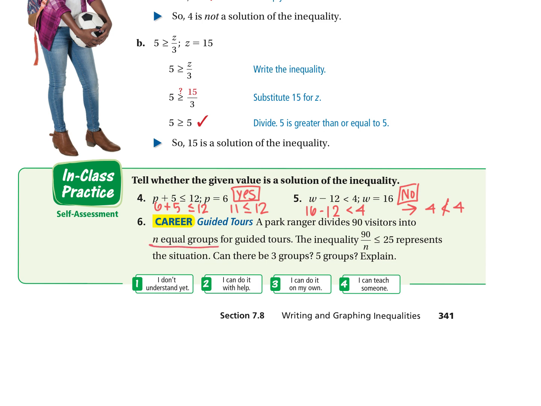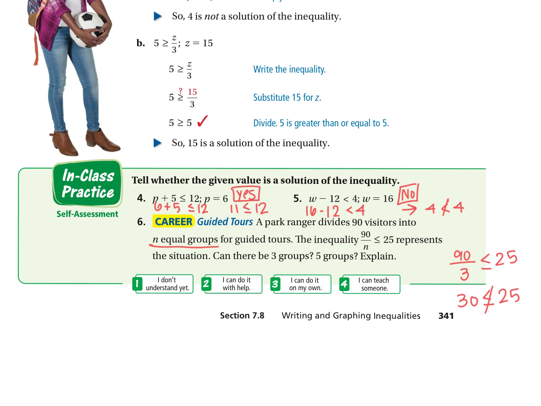Right here it tells me equal groups. So I'm going to work this off over here on the side. I have 90 divided by 3 less than or equal to 25. So 90 divided by 3 is going to be 30, which is not less than or equal to 25. So I know that 3 cannot work. We cannot have 3 groups.